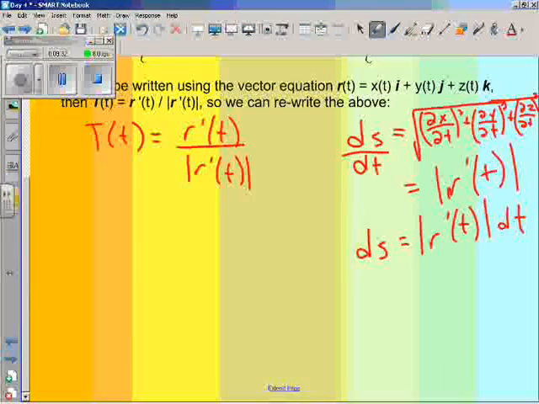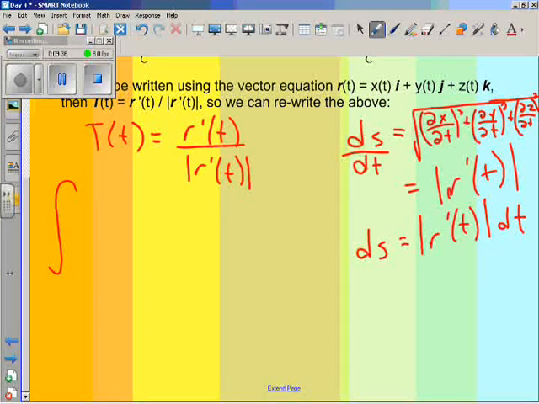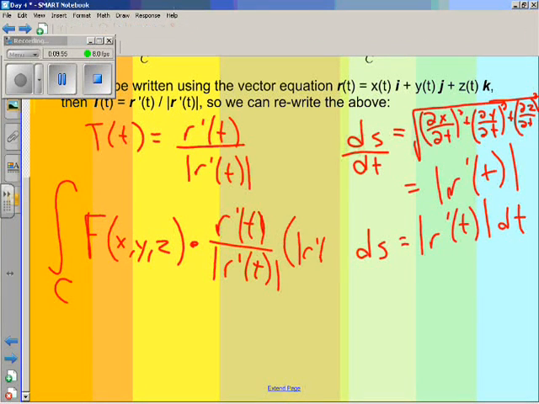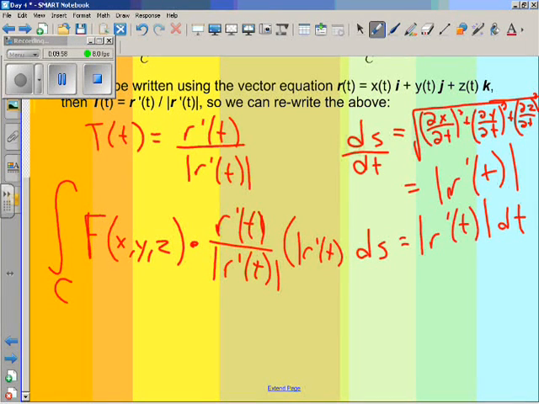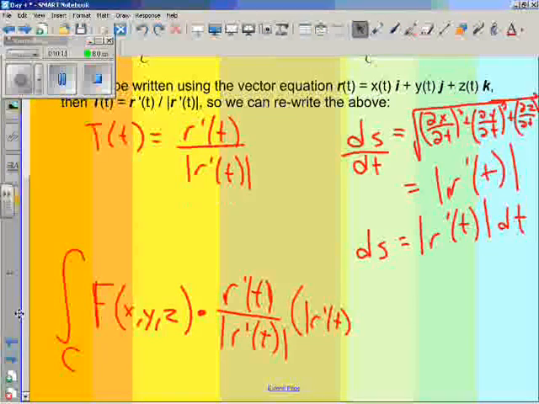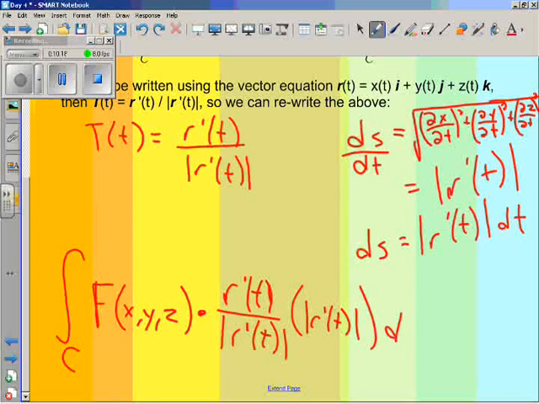Okay, and so if we substitute this all back in, we're going to have the integral over C of F(x, y, z) dotted with r'(t) over the magnitude of r'(t), times the magnitude of r'(t) dt.